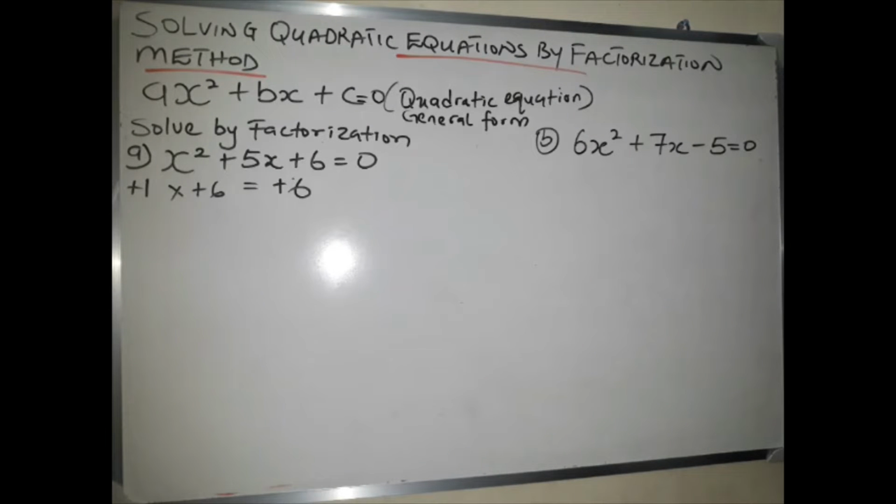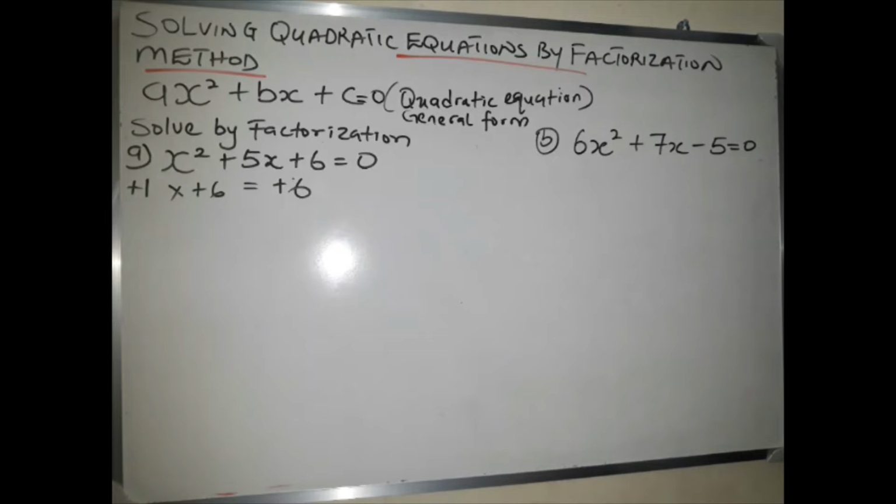plus 6. Once you do that, the next thing you do is look for two numbers. You think up two numbers which, when you multiply them together, give you plus 6, but when you add them together, give you plus 5.